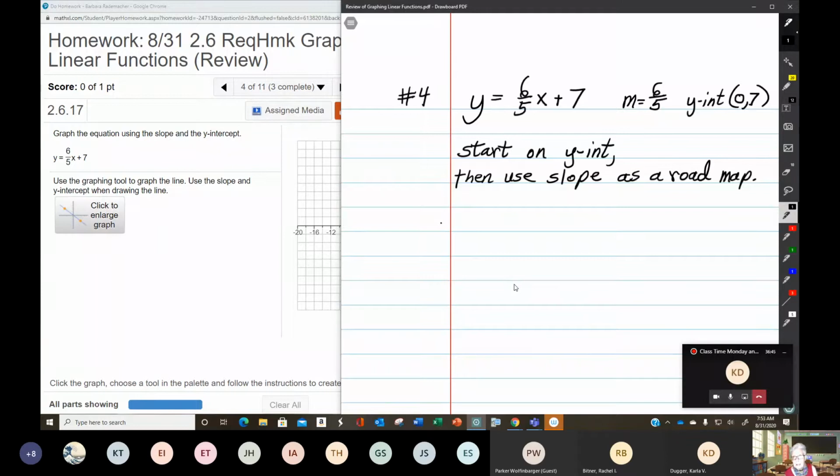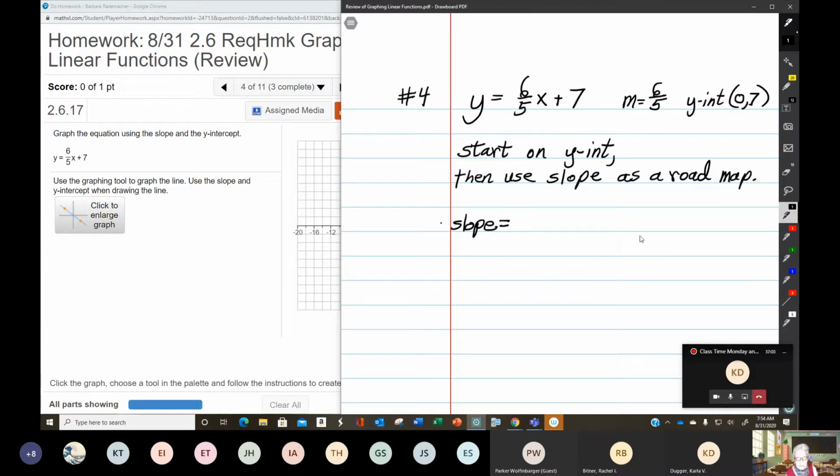Let's look at what 6/5 is. The slope is the rise over the run. Yes, yes, yes, we've already been through that. But what does that mean?